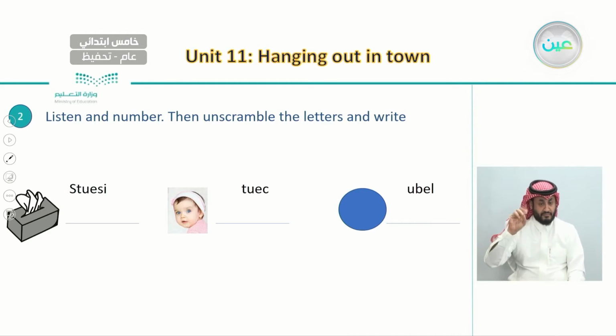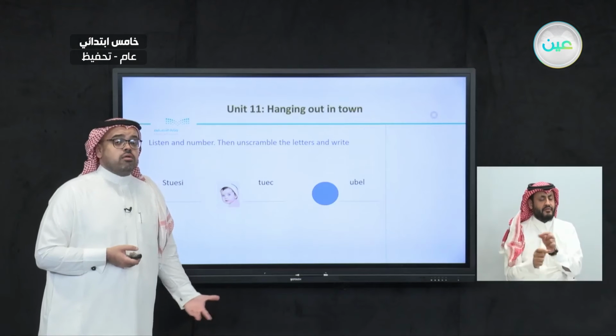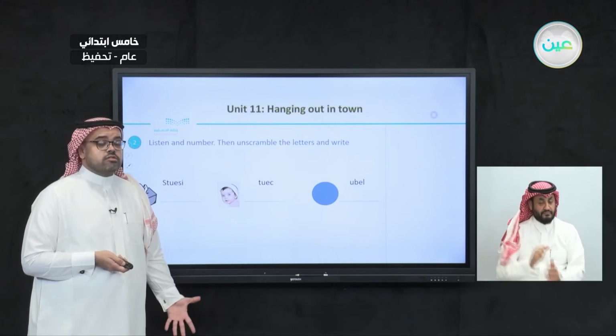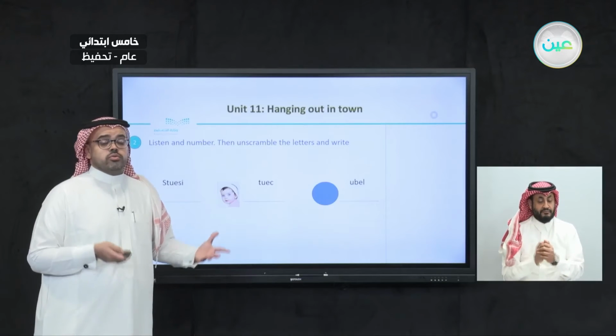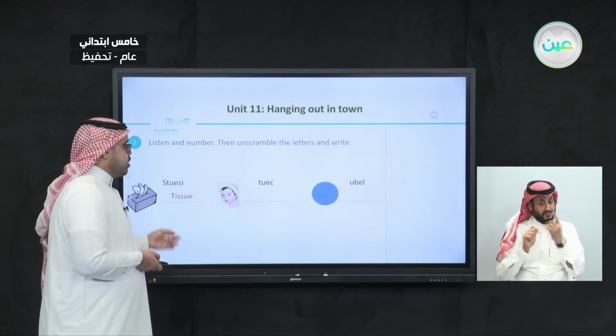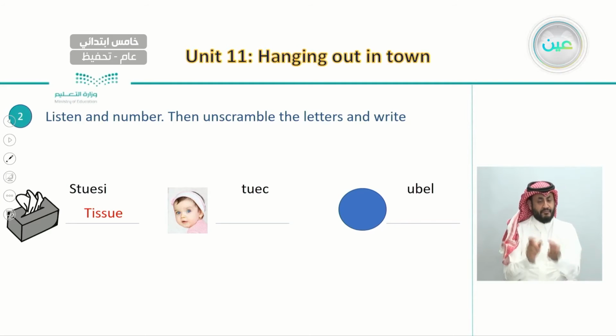Tissue. So the first word we have is tissue. And how can we write tissue? Well, at least tissue should start with a T. Tissue. And here we go. This is how we write the word tissue.